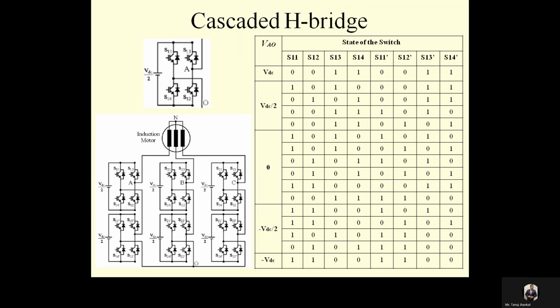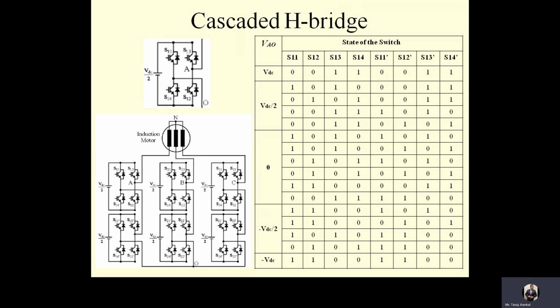In a cell, when switches S11 and S12 are turned on, the output voltage level is equal to minus VDC by 2, and when S13 and S14 are turned on, the output voltage level is equal to VDC by 2.